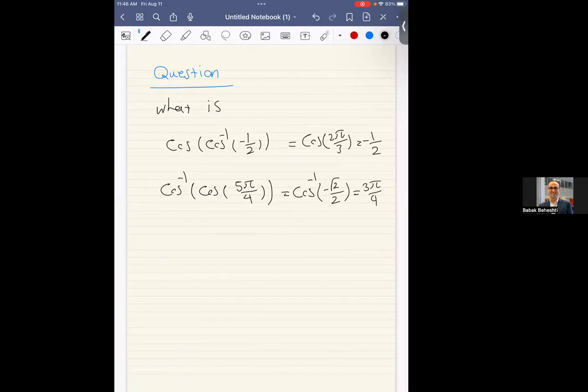So here the point is, cosine of cos inverse of x is just x.